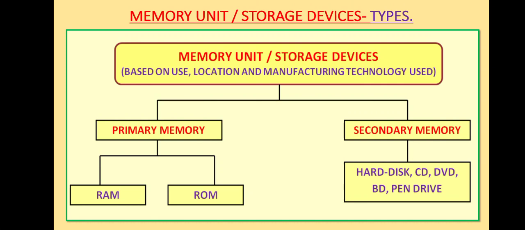Primary memory includes RAM, ROM, and secondary memory includes various devices such as hard disk, CD, DVD, Blu-ray disc, pen drive, SD card, etc. We will learn about all these devices in detail in our next slides.